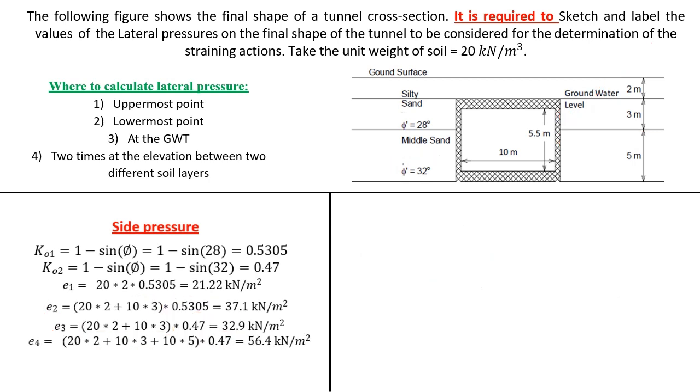The final point, which is an easy one, this point, the lowermost point of your underground structure, E4. So you have the value of effective vertical stress. It will be the unit weight of the soil up on the top of this point.